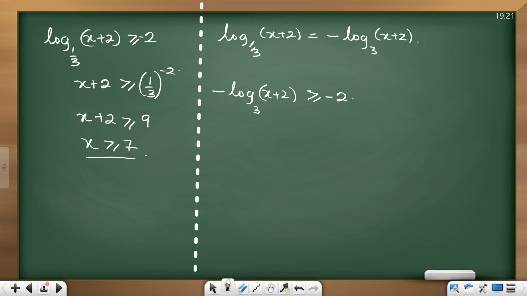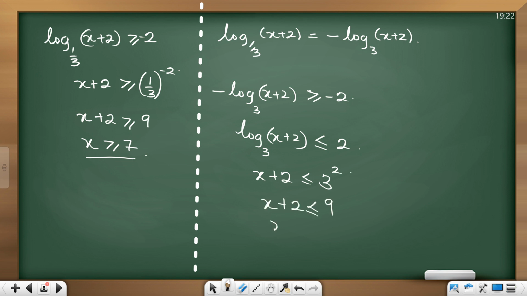Divide both sides by negative. What are we going to have? Log base 3 of x plus 2 less than. Do you see now that it's coinciding with our graph? This is why that 1 over 3, a fraction base, please change it to negative. What do we have? X plus 2 is less than or equal to what? 3 squared. X plus 2 is less than or equal to 9.